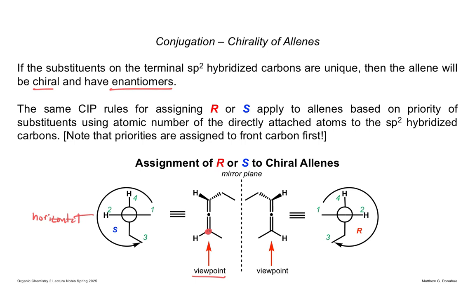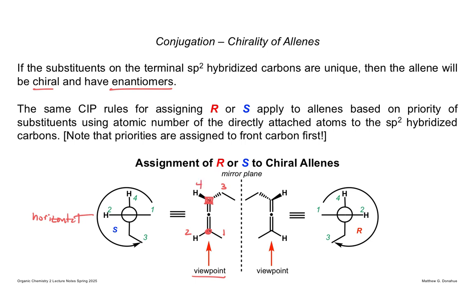The carbon atom gets priority 1, the hydrogen gets priority 2. Now if we look at the back, or carbon 3, put that as a square, you do the same thing, but now you're going to continue the priority. So the carbon of the ethyl group gets 3 and the hydrogen gets 4.